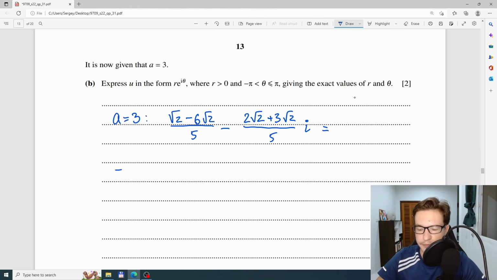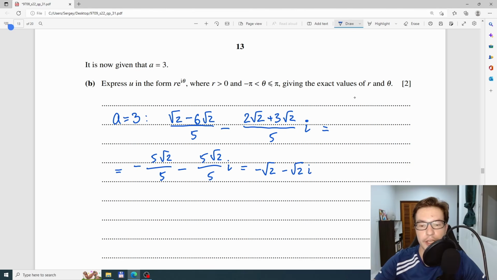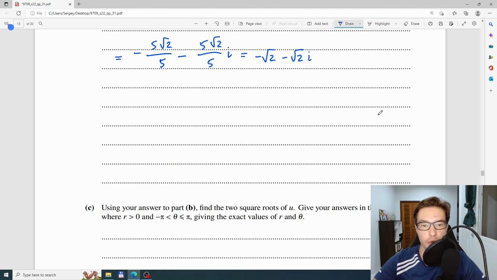Simplify that, and we'll get minus 5 square root of 2 over 5 minus 5 square root of 2 over 5 i, divided by 5, and we'll get minus square root of 2 minus square root of 2 i. Now, how do we write it in exponential form? Let's draw an Argand diagram. The x-axis is the real part, the y-axis the imaginary part, and our number is going to be somewhere here.